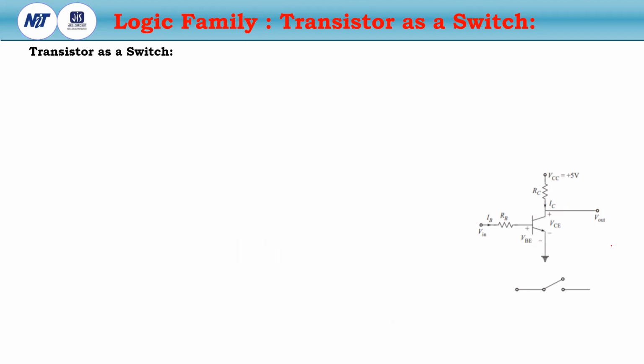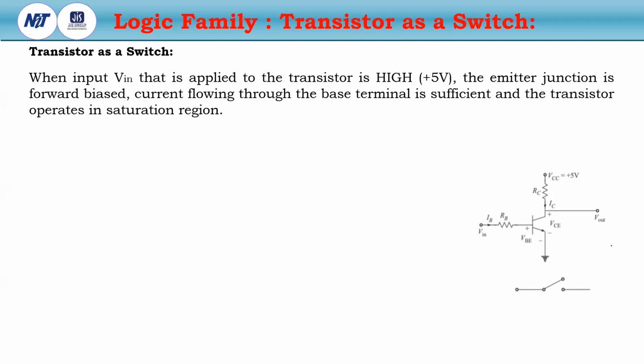Now, if the input Vin applied to the transistor is logic 1, that means 5 volt, then the emitter junction is forward biased.